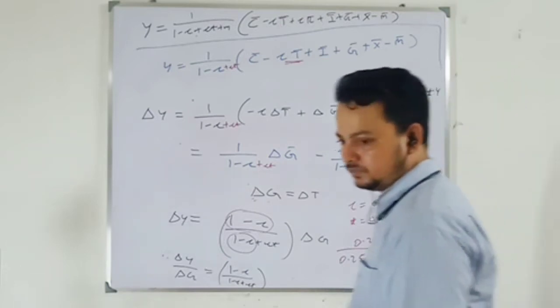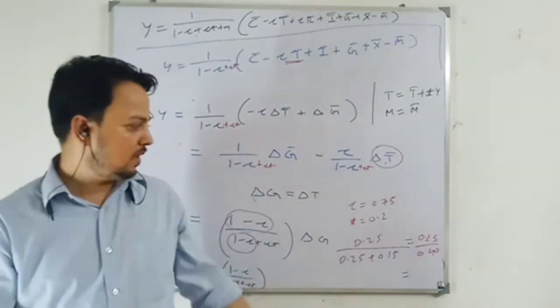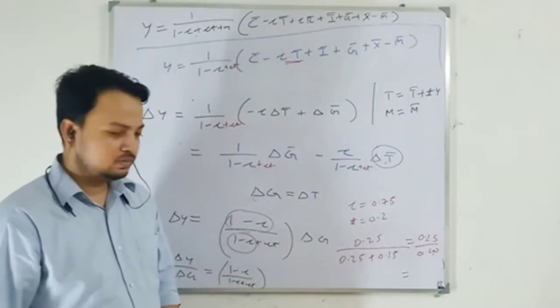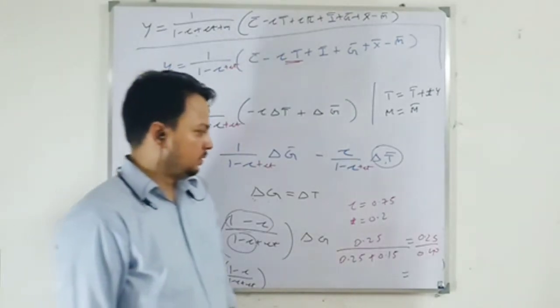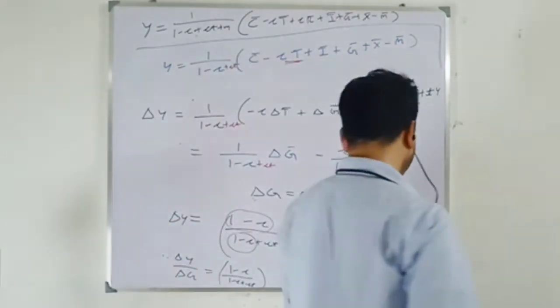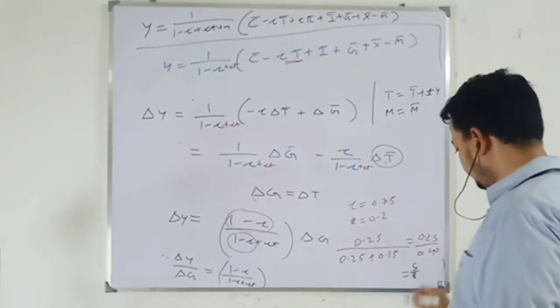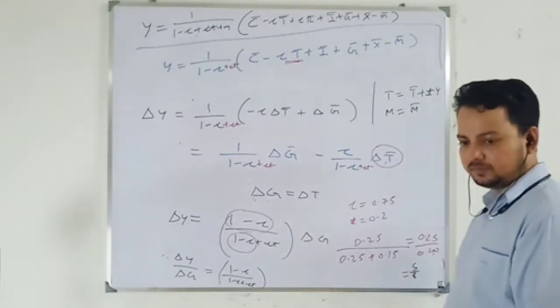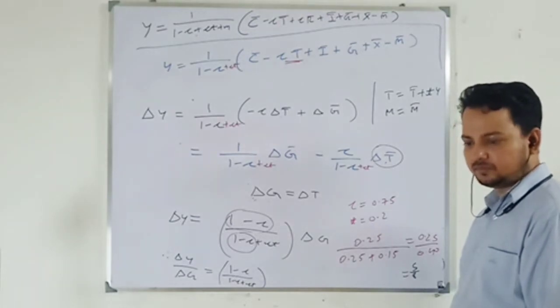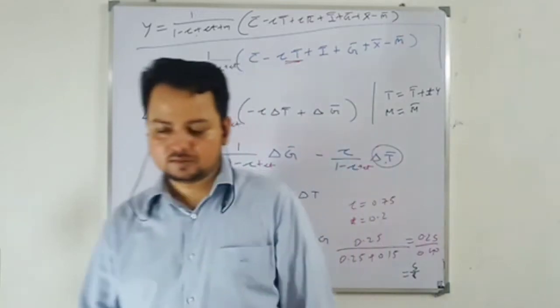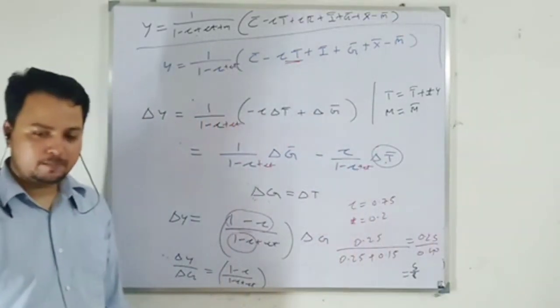How much? 0.2 divided by 0.4. How much? It will be 5 by 8, right? 5 by 8 is how much? Less than 1. Agree, everyone?